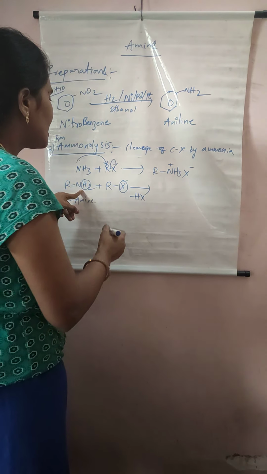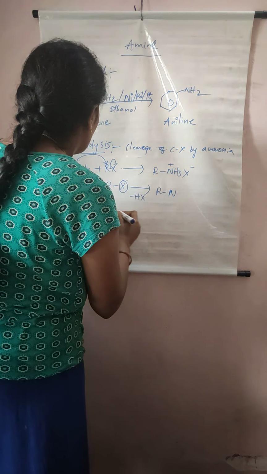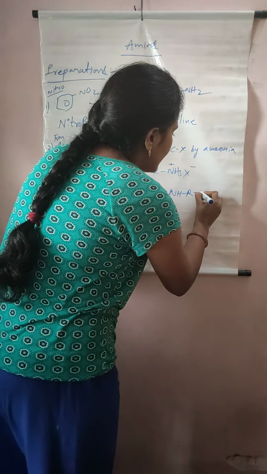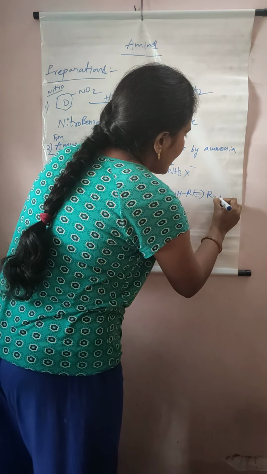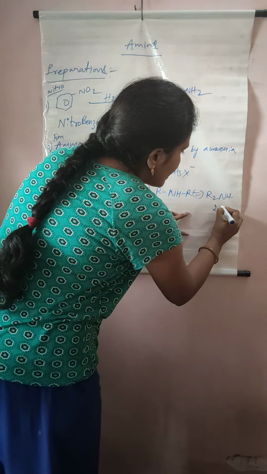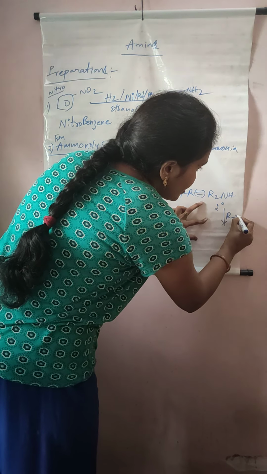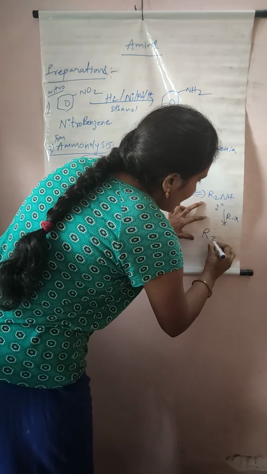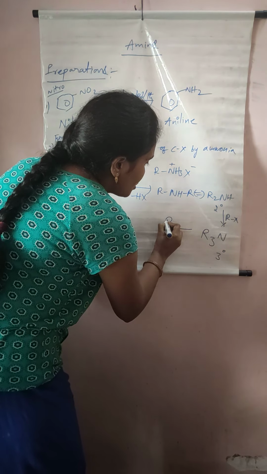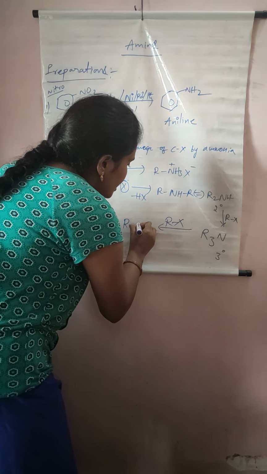One H is gone, so the remaining is R2NH. This is the secondary amine. Next, with the same RX, it becomes R3N, the tertiary amine.